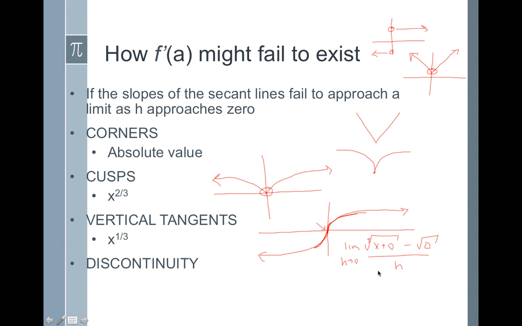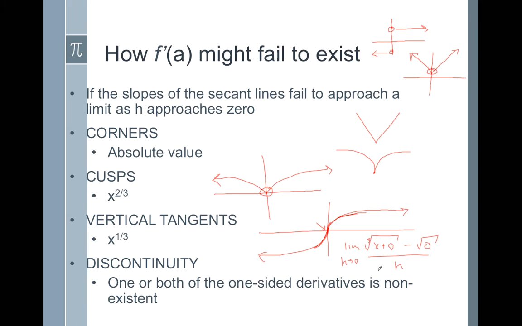Or on any points of discontinuity. One of the problems from the previous lesson was a graph that looked like this. The graph came down here like this and stopped, and the other line went like this. Now the slope on the left was 2 and the slope on the right was 2, but because there's that point of discontinuity, the right-hand derivative is non-existent.